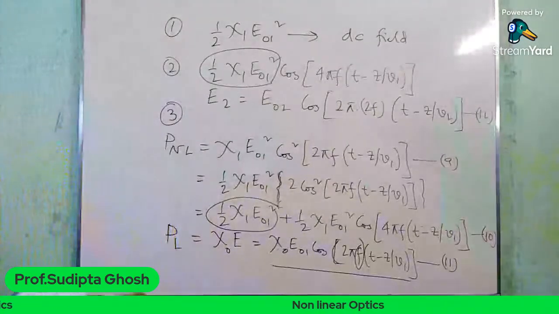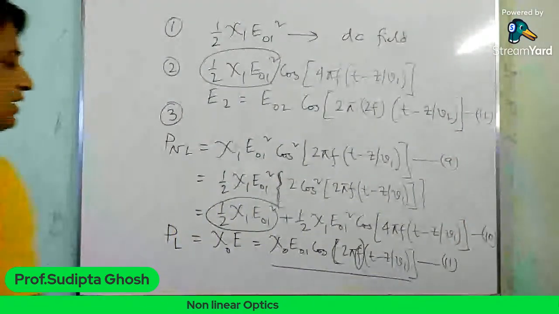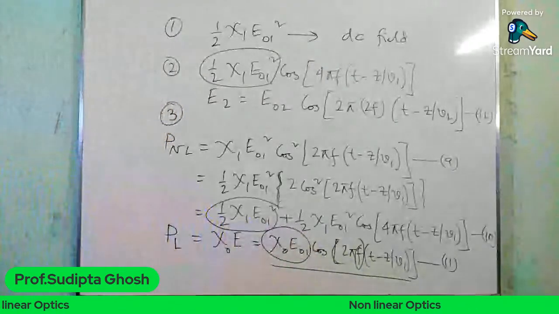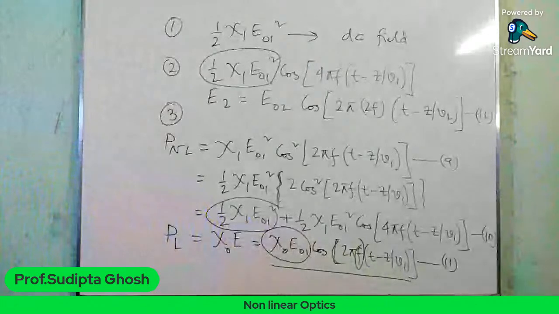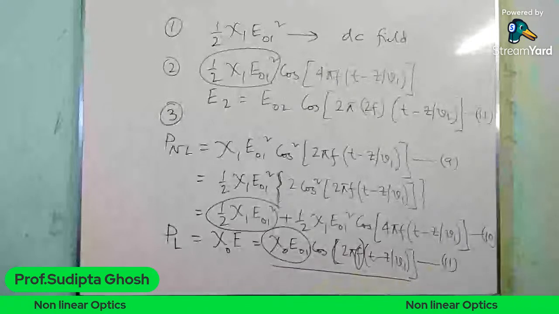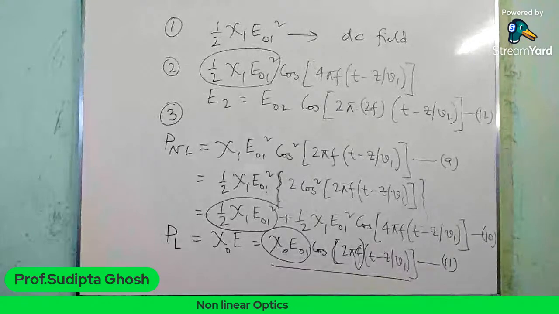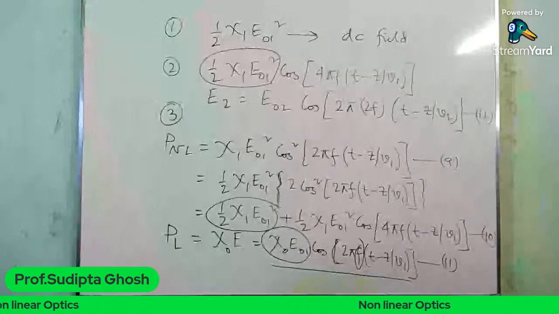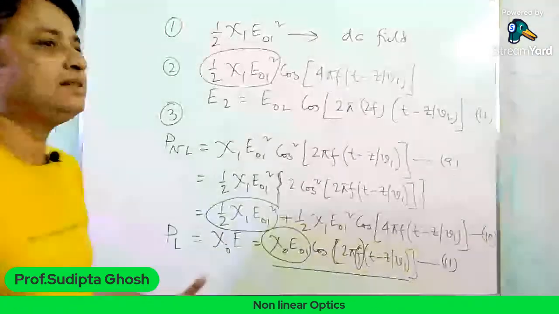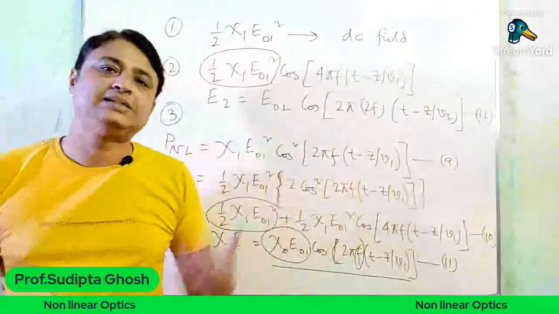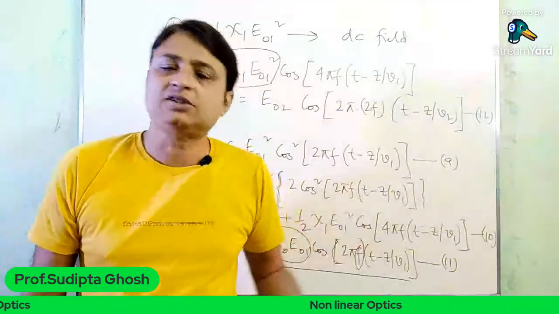Just the amplitude has been changed, and the amplitude becomes chi0 E01. So another wave has been formed, with the same frequency f but a different amplitude, chi0 E01.